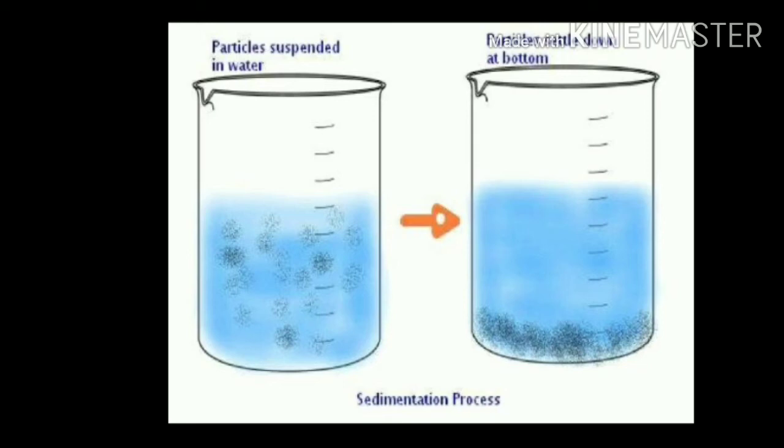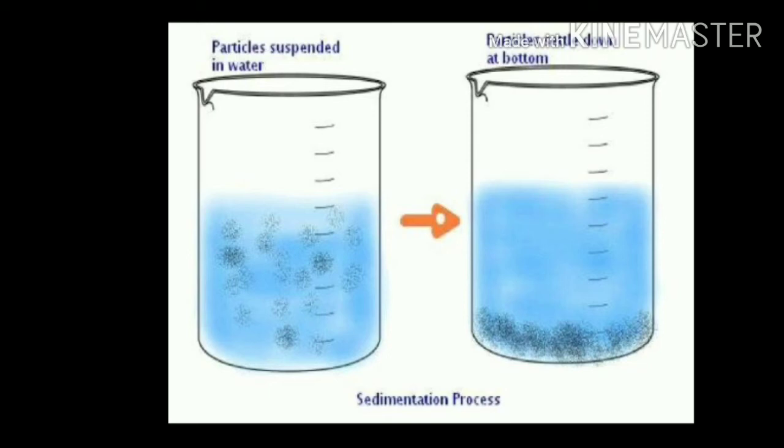In the first picture you have seen small particles in the liquid. But if you keep it undisturbed, what happens? As they are heavier than the water particles, they settle down. Their density is high, so they settle down and a layer is formed at the bottom. This process is known as sedimentation.